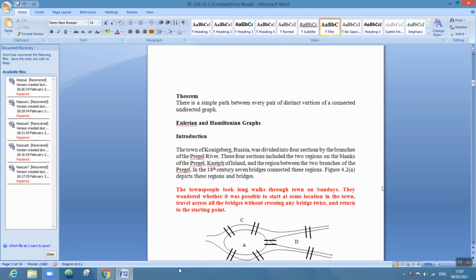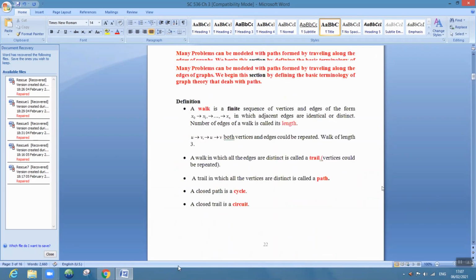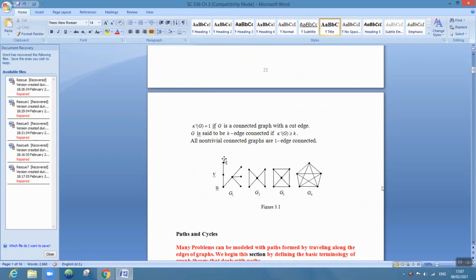When you have a connected graph, then there's a simple path between every pair of distinct vertices. Path means vertices and edges. So when your graph is given, if we do this one, this is a simple path. If you take this one, it's a path.